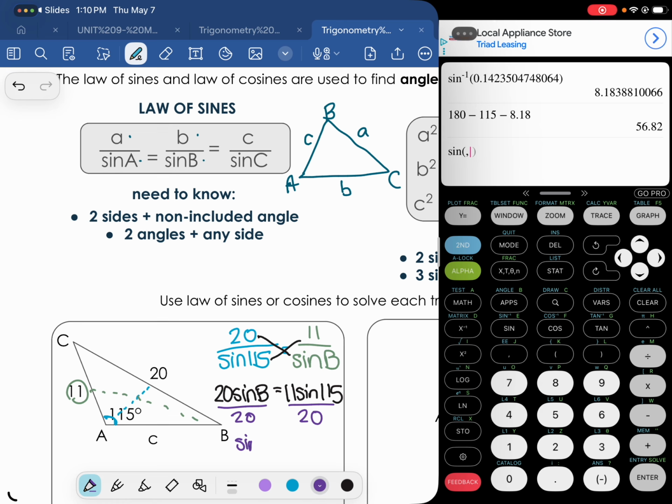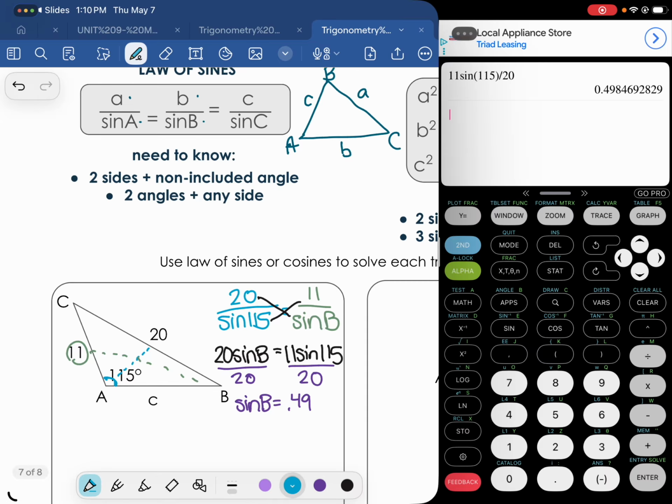And that means that sine B equals 11 sine 115 divided by 20, which is 0.49. Yes, I know that would round to 0.50. I'm just writing it down to keep track of it for right now, because I still have one step left, so I'm not rounding till the end.